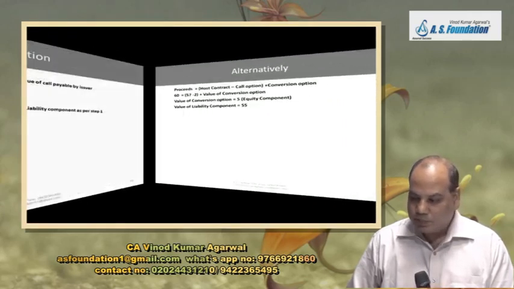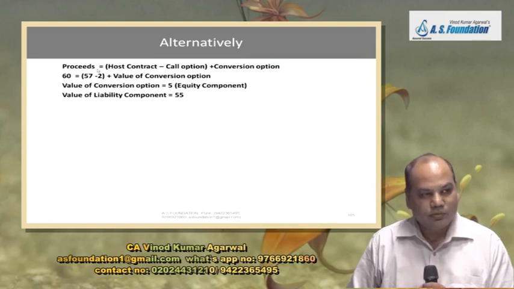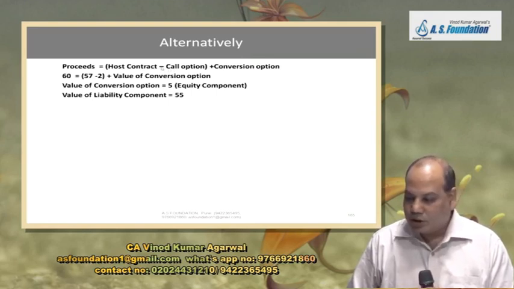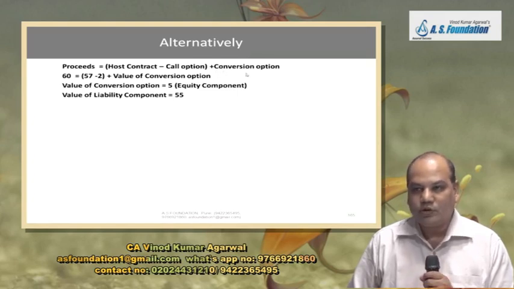But if you want, you can present it in one more way. An equation you can write: the total proceeds is the sum of liability plus equity. Only in the liability part we have to make an adjustment, that is host contract, bond, minus call. Same thing we are doing, plus conversion option.